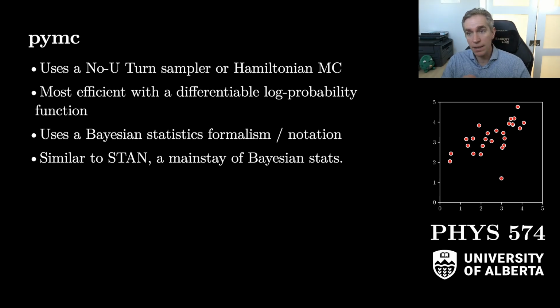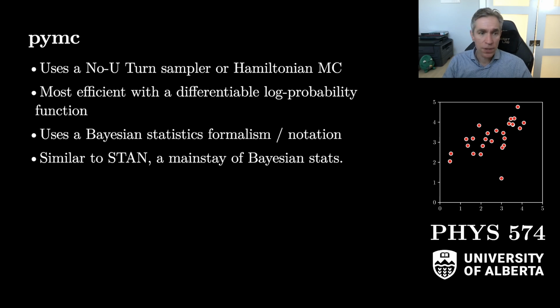The neat thing is that those samplers are efficient because they have differentiable log probability functions. You don't actually have to differentiate it. You just have to build a model that the internal logic of PyMC can recognize and do differentiation on for you underneath the hood.